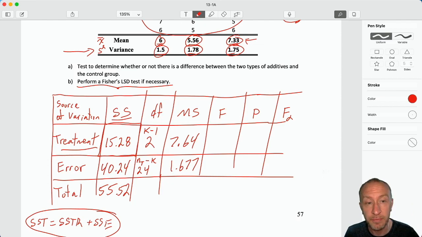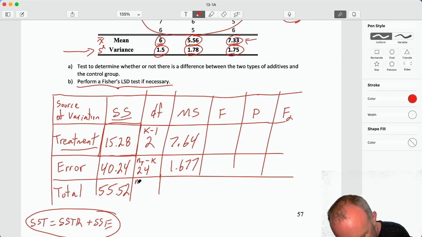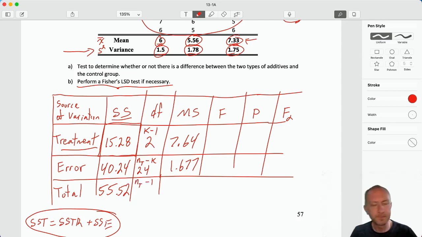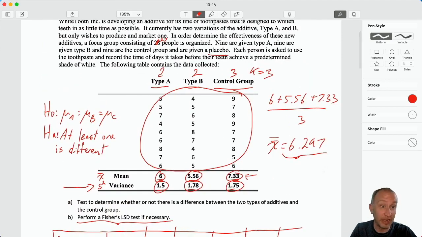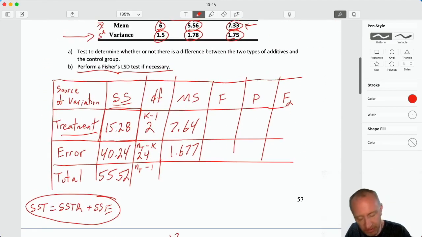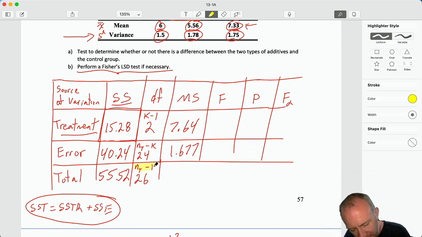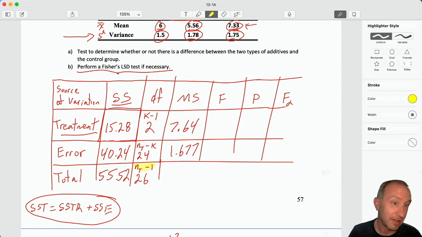Degrees of freedom on SST, and this is kind of a handy little trick sometimes. This is always NT minus 1. We know NT here is 27, so 27 minus 1 is 26. This is always a very straightforward calculation.